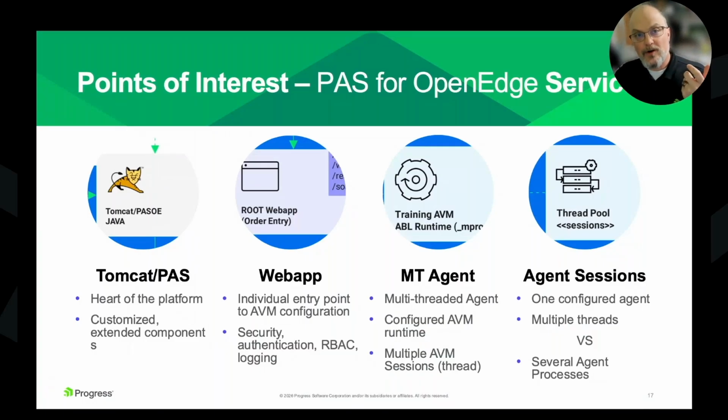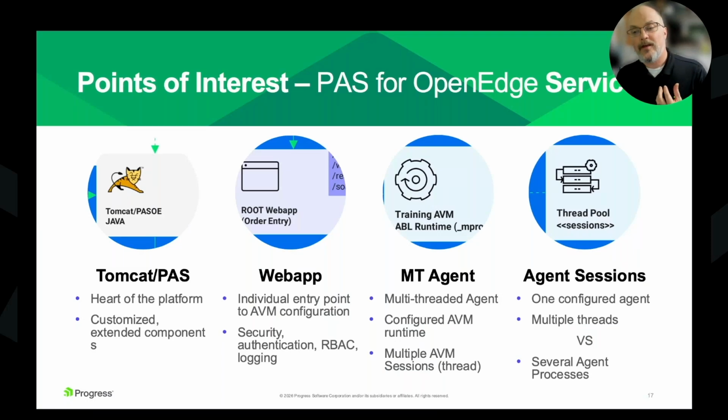If you're used to running long requests, 5 hours, 10 hours, reports on your classic app server, remember that all communication to PaaS is done over HTTP. So it's an HTTP post to the Tomcat server, if you will. How long do HTTP requests typically last? Not 5 hours. So it's an important distinction.